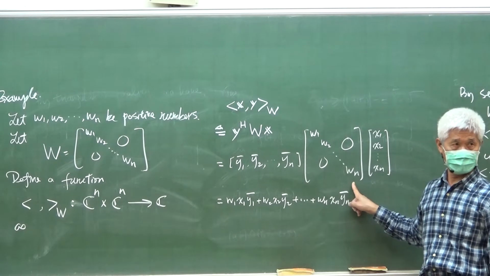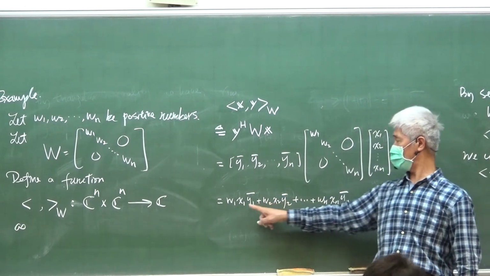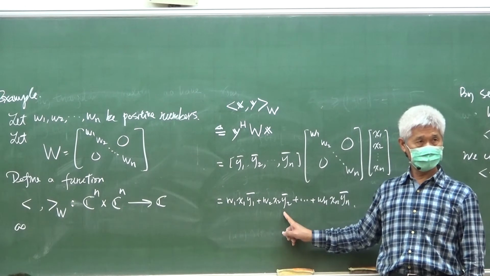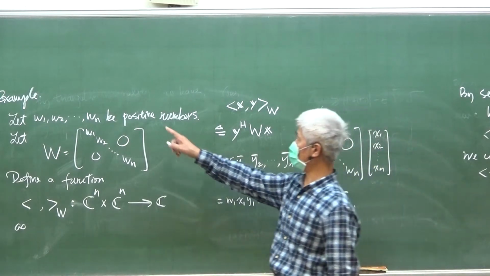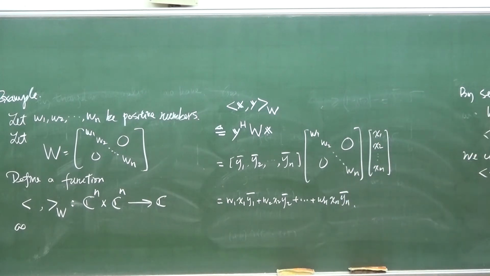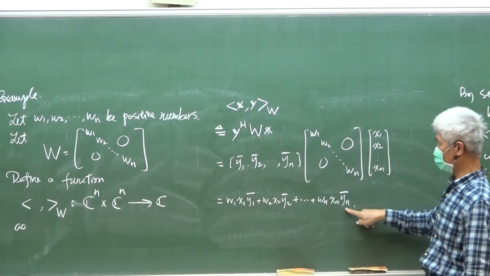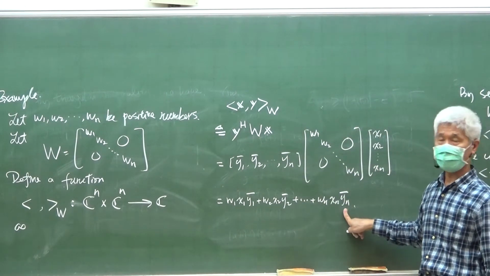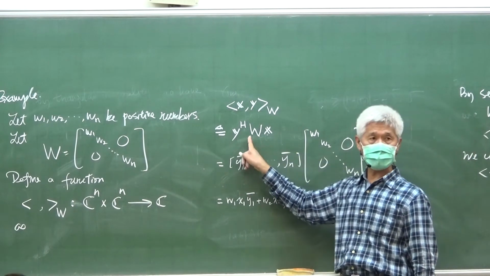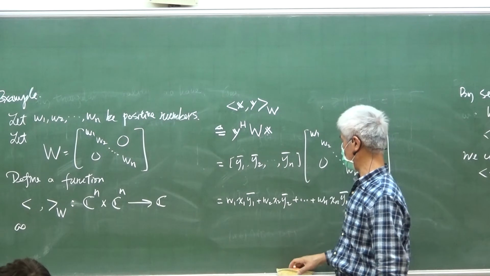But in general, we can put different weightings for different terms, and the weightings s1, s2, up to sn can be arbitrary positive numbers. So you can look at this in a more convenient, compact form, Y^H W X.